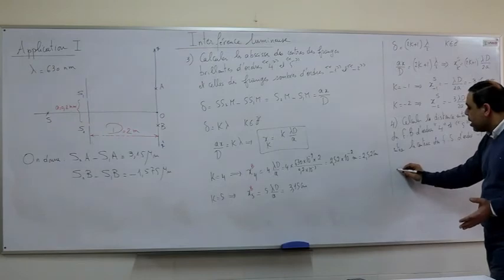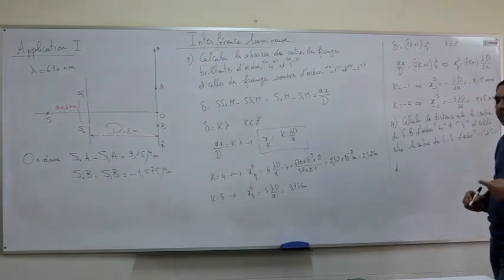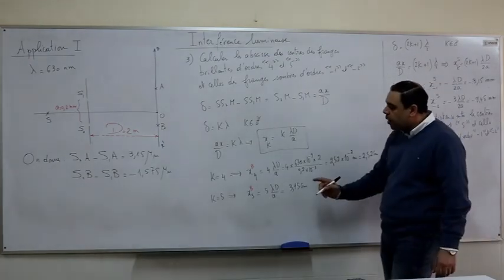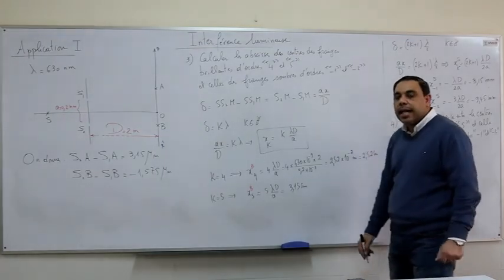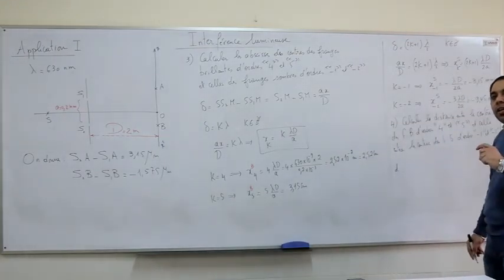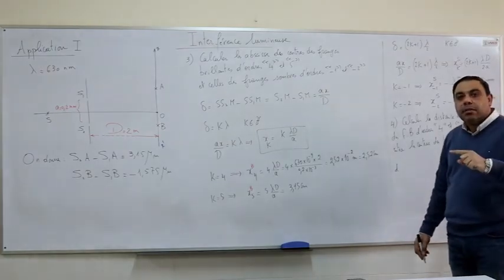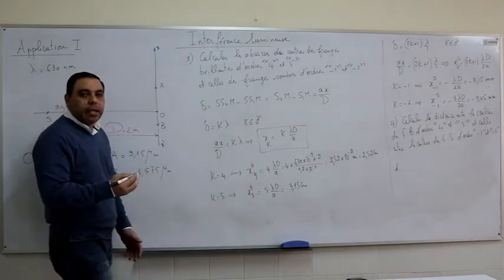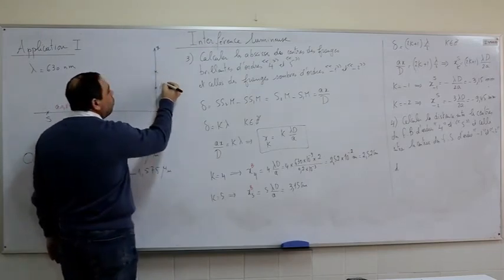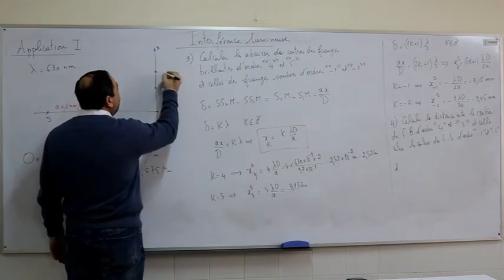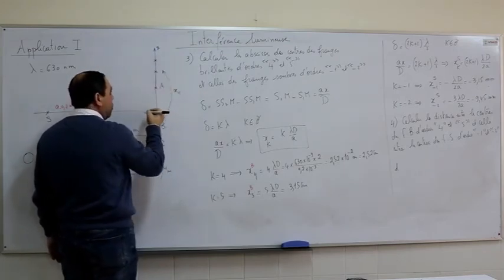This distance is D, for example, which is between the bright fringes of orders 4 and 5. What is the distance between 2 points on the x-axis? This, for example, is the center of the bright fringe of order 4. This is x4. And this is the center of the bright fringe of order 5.